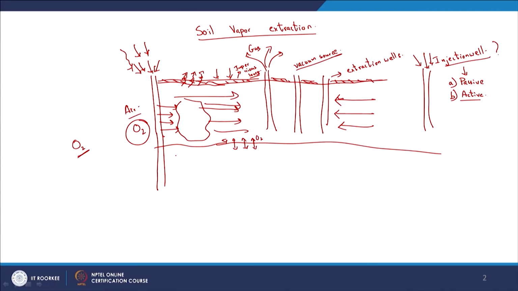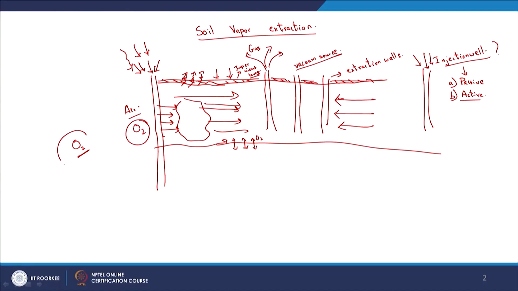You want equilibrium between oxygen in the vadose zone and oxygen in the groundwater table, and you will have that. Or if you pump air directly into the aquifer itself, you are going to have greater oxygen concentrations in the aquifer, and that can aid your remediation process because it can enhance bioremediation, especially when the compounds are reduced and you want an electron acceptor. So, that is one particular case.